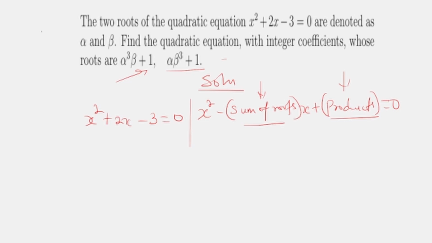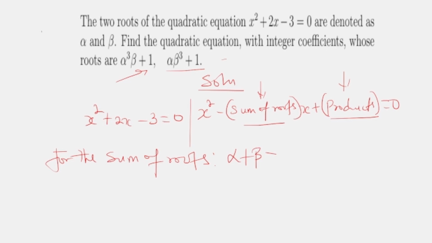We are going to say, for the sum of roots, the sum of roots is given as alpha plus beta, okay? We said that we do not know what the roots are, but let's call one alpha and the other beta.